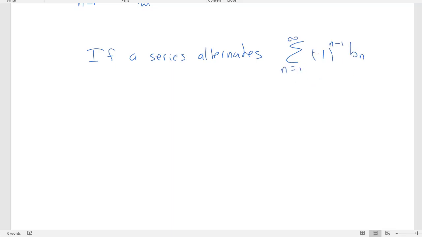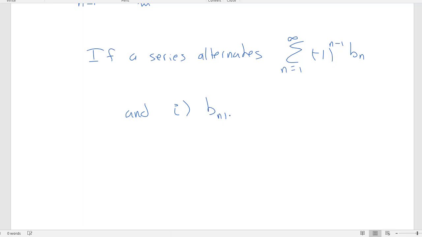All right, so if we have an alternating series, if a series alternates, and again, we can write, kind of in a generic form, (-1)^(n-1) b_n. And again, it doesn't really matter if the terms start positive or negative. What we're going to do is consider the b_n's, really the absolute value of the terms, if you will.